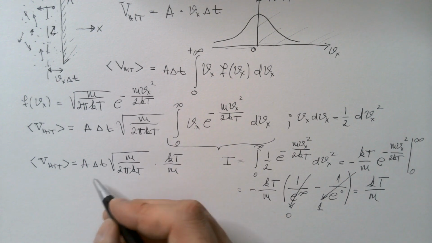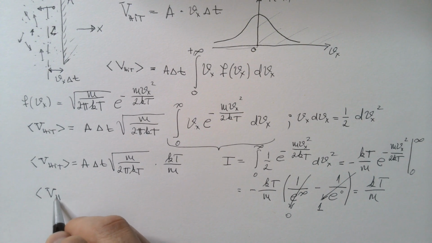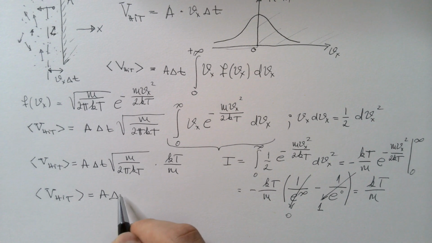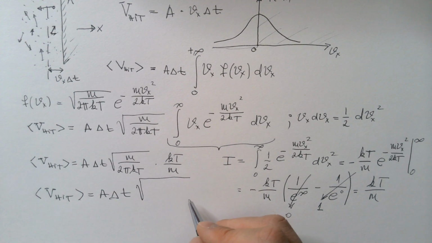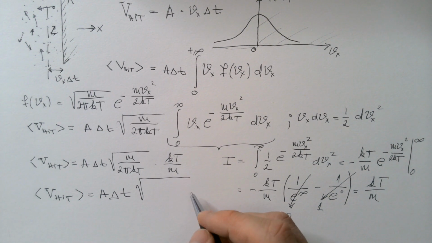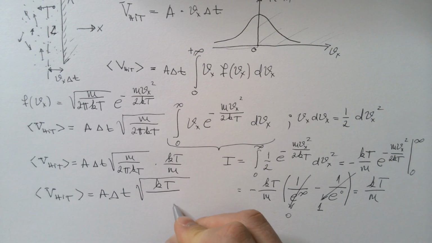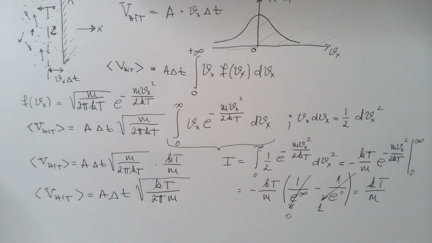Now you can organize this to look nicer, and we conclude that the volume of the heat is equal to A delta T times the square root of kT divided by 2 pi m.